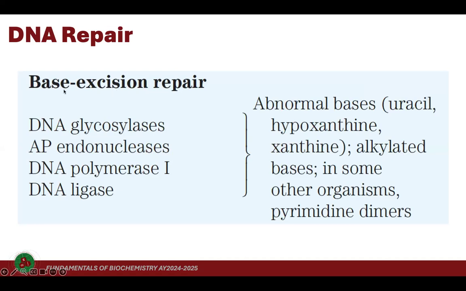So this repair mechanism particularly addresses the base itself, the nitrogenous base. So from the name of the repair mechanism, what this does essentially is it removes the damaged nitrogenous base and then eventually repairs it with the correct nucleotide. So these are the enzymes involved.